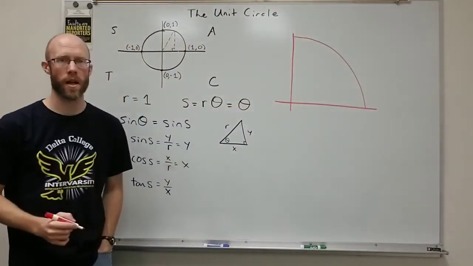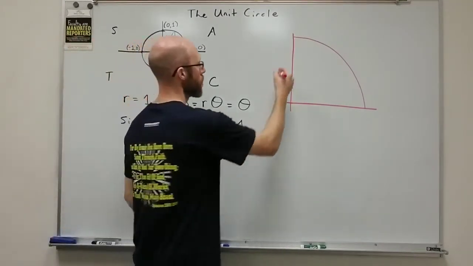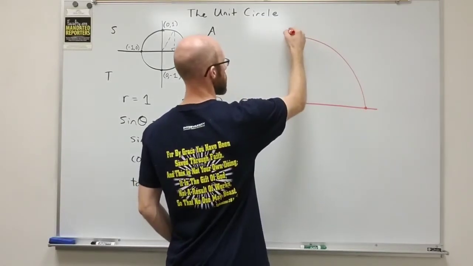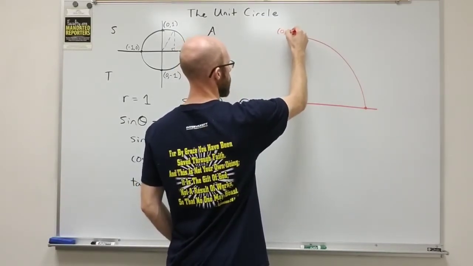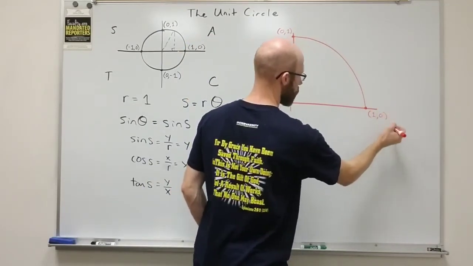Something like that. I've got a quarter circle essentially. And we already said that the 2 intercepts here are going to be at 0, 1 for the y and 1, 0 for the x.